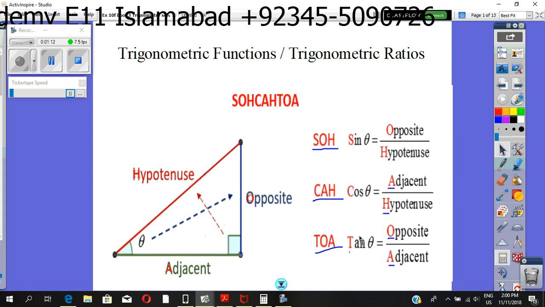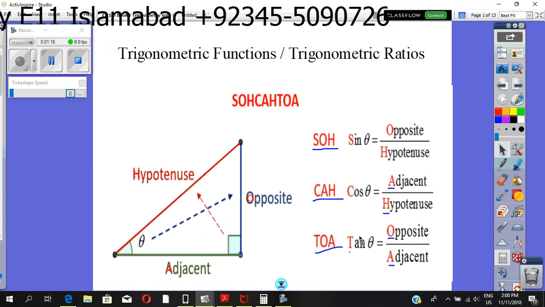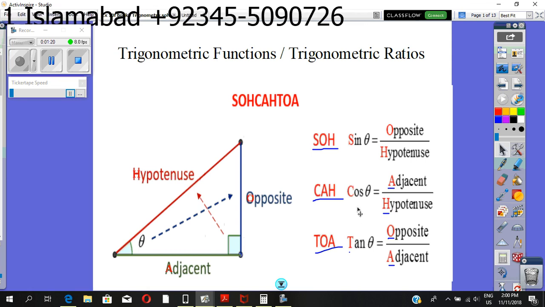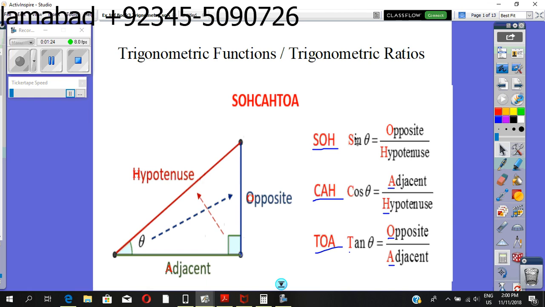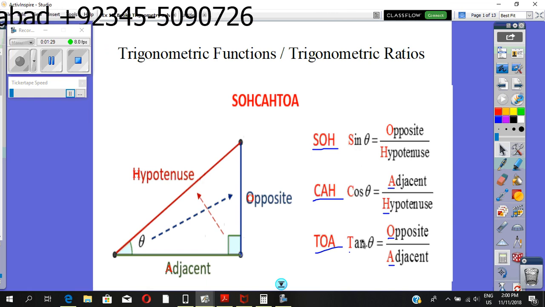It can then be extended to other ratios and trigonometry in the Cartesian plane. But here we are supposed to learn the basic three ratios, which are sine, cosine, and tangent.